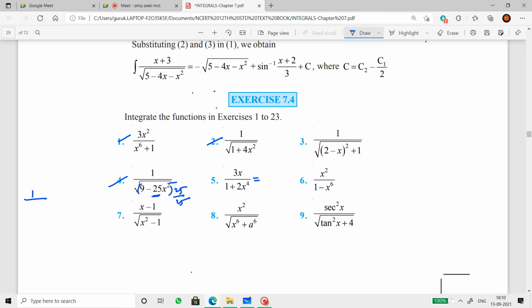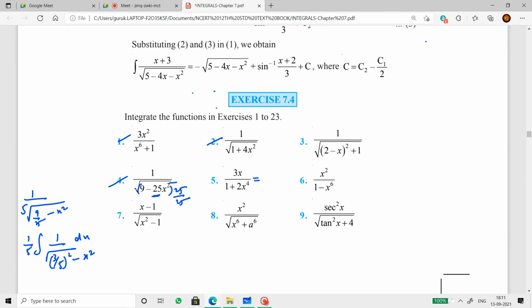So it will be 1 by 5 into root over 9 by 25 minus x square, because it's 25x square by 25. This will become 1 by 5 integration of 1 by root over 3 by 5 the whole square minus x square dx. This is in the form of 1 by root over a square minus x square. Use that formula and get the answer.